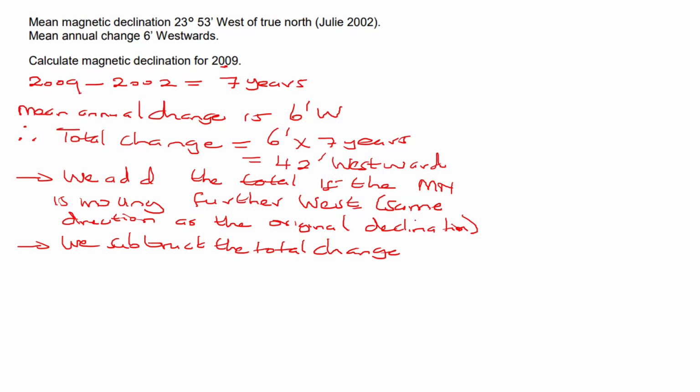If the magnetic north is moving further east, so if the change is towards the east, then it must be subtracted. But if it's towards the west, we are adding.